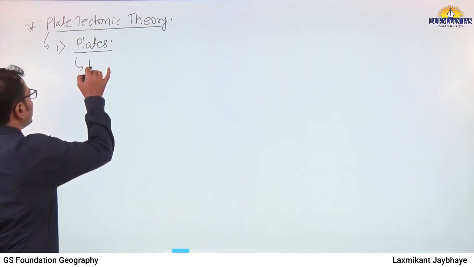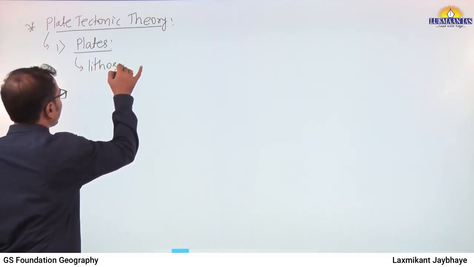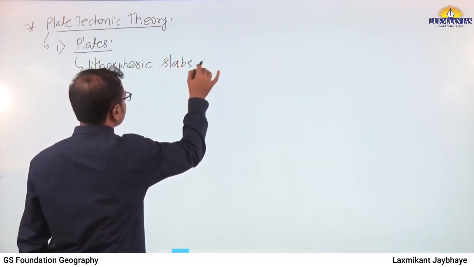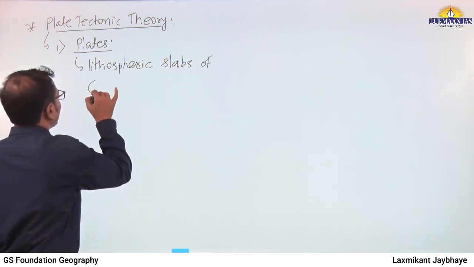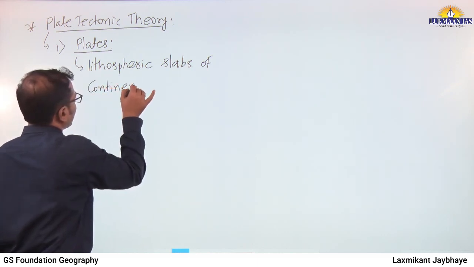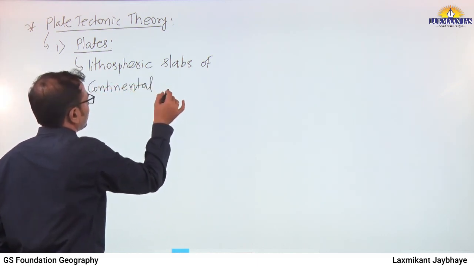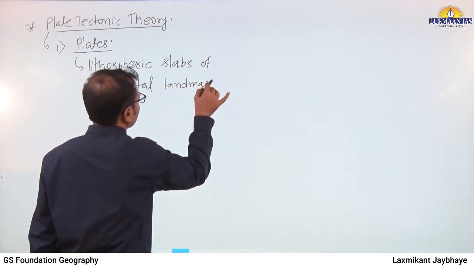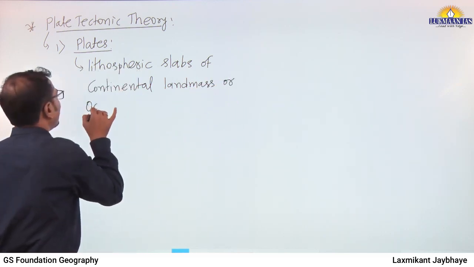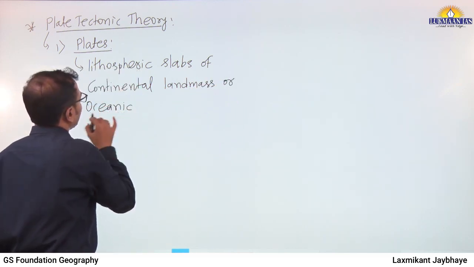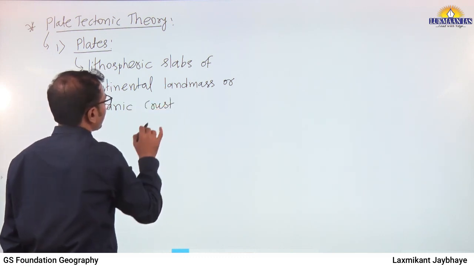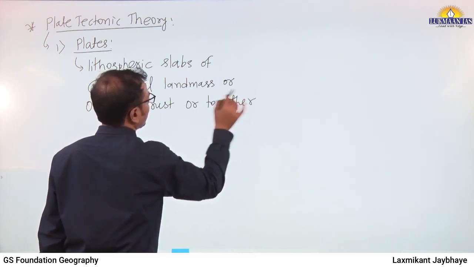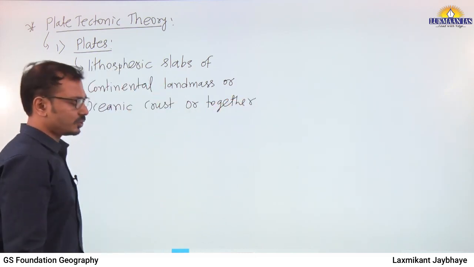Okay, so these are actually lithospheric slabs of continental landmass or oceanic crust or together, both continental and oceanic crust.